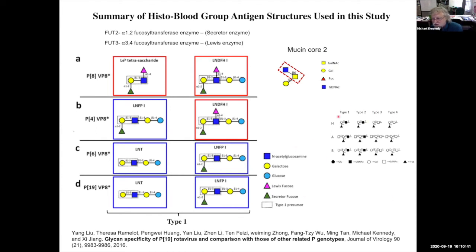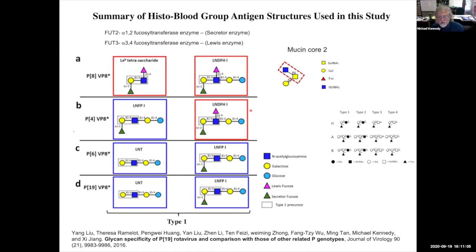There are several different classes of histo-blood group antigens. They're organized into H-type, A-type, B-type, and type 1, type 2, etc. The group that's relevant to the group A rotaviruses that infect humans are of the class H-type 1 variety.